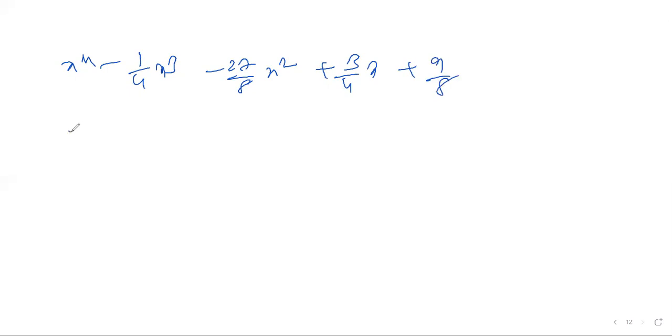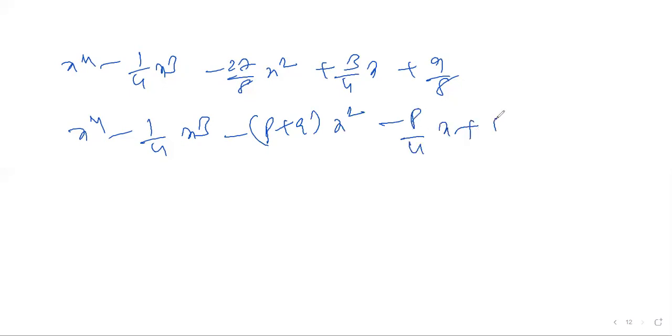After conversion, you got 1 by 4 x cube minus 27 by 8, p plus q into x square, plus p by 4 x plus pq is equal to 0. This is our question, and this is our conversion.